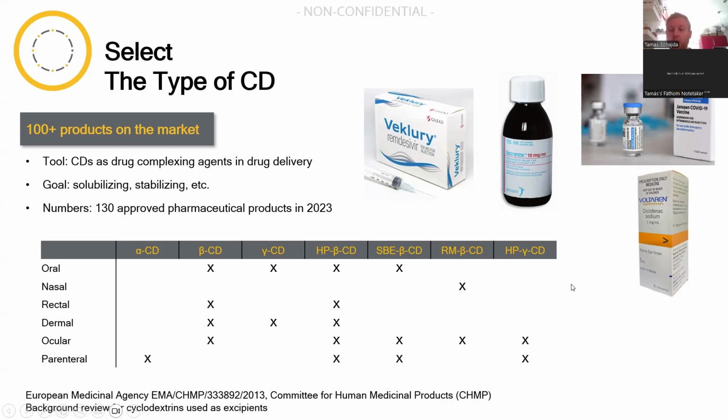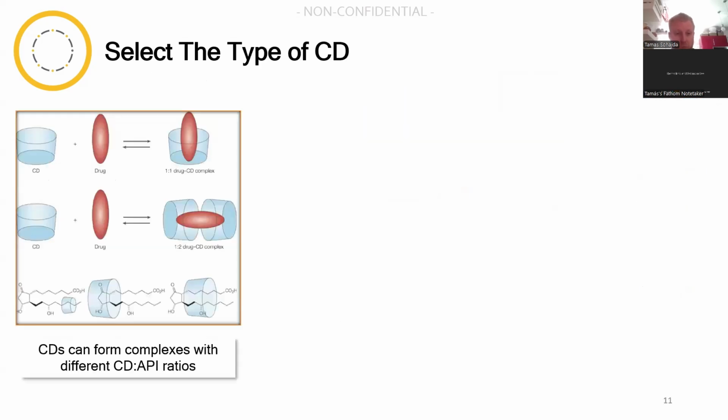So when talking about pharmaceutical uses, altogether we're talking about seven different types of cyclodextrins that are used. Also, as you can see, not all of them are currently applied with all kinds of formulations, depending on their safety profile. Mainly, the regulatory approval varies.